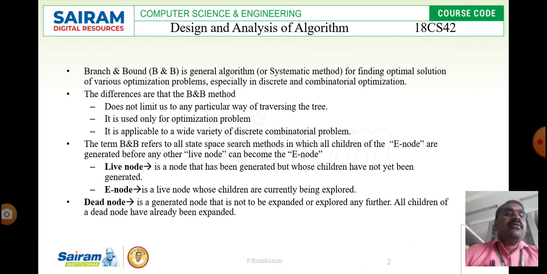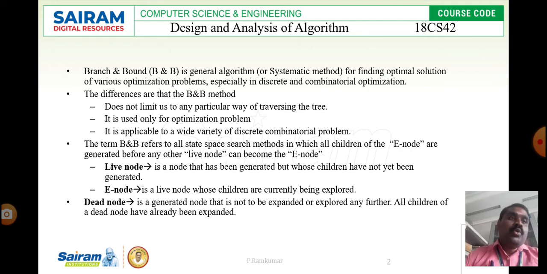It's mainly applicable to discrete combinatorial problems.